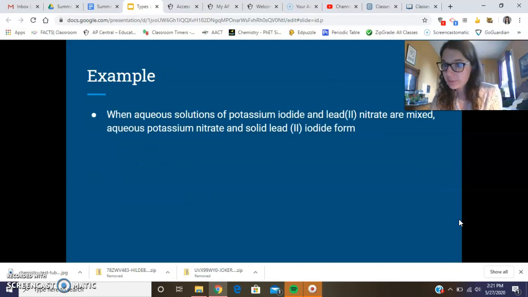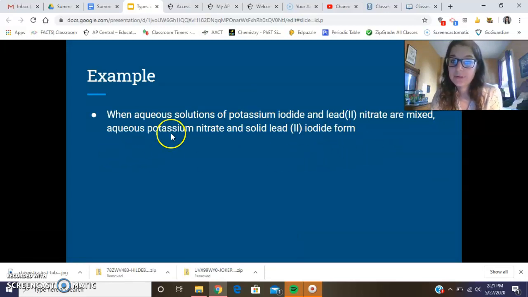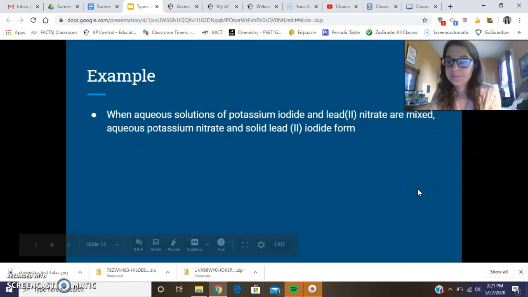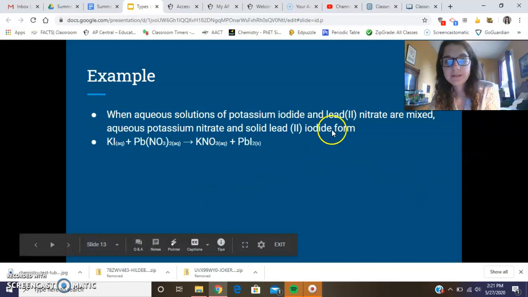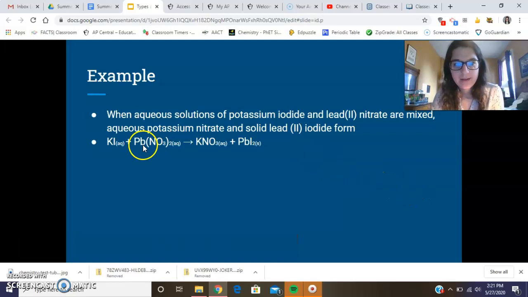So here's one example of a precipitation reaction. We have 2 aqueous solutions, potassium iodide and lead 2 nitrate, that are mixed together. In the end, we get aqueous potassium nitrate and solid lead 2 iodide. So here's our skeletal equation. We have to make sure that it is first balanced.